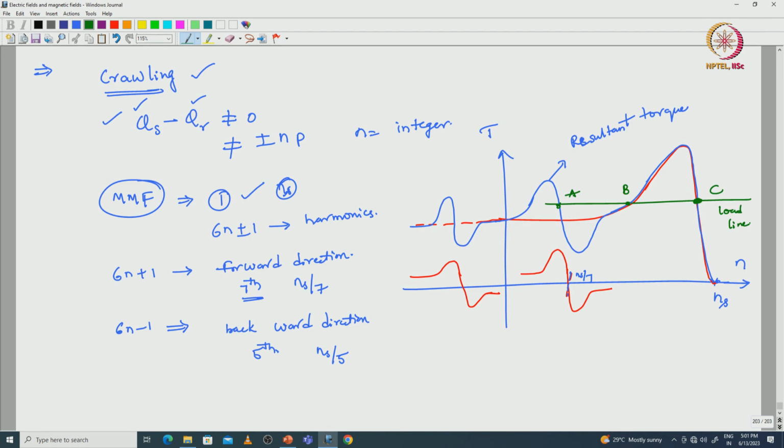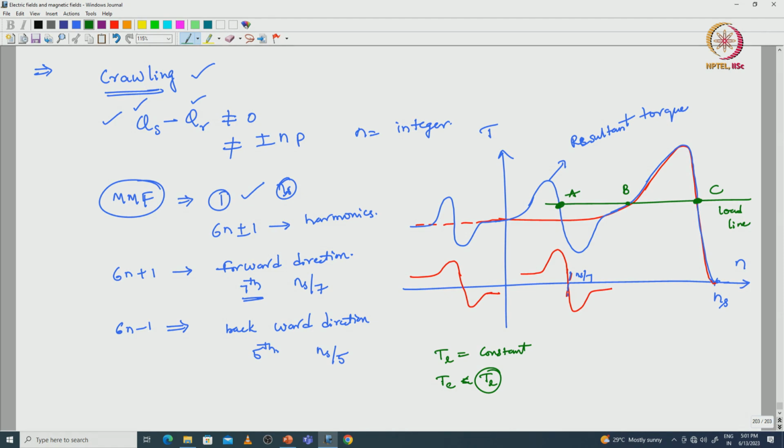Now because of the seventh harmonic and the fifth harmonic, we will see what happens. If the load torque is constant and the generated electromagnetic torque is slightly less than the load torque, then the motor will operate at the particular point A and it will be stable at that point.